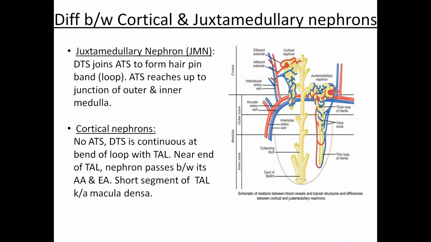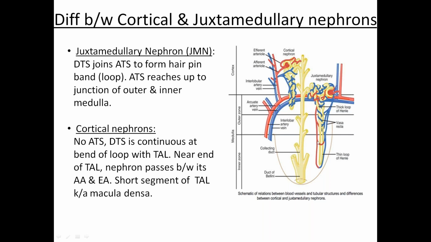Now, this is an important question that you often get in exams, or you may even be asked in your vivas. That is the difference between cortical and juxtamedullary nephrons. If you look at the juxtamedullary nephron, the descending thin limb joins the ascending thin limb to form a hairpin bend loop.